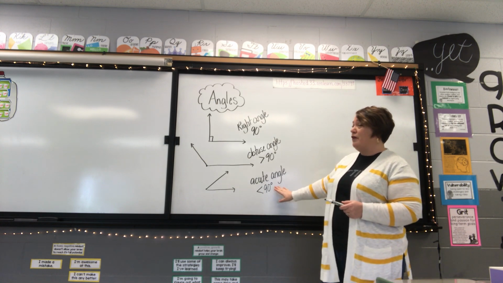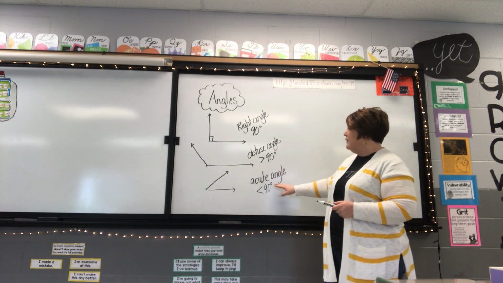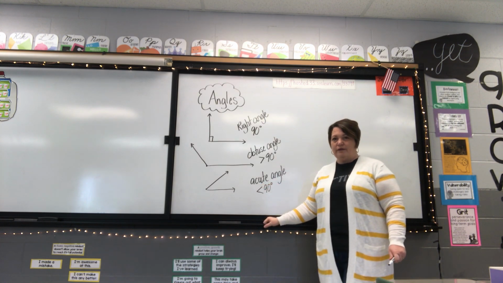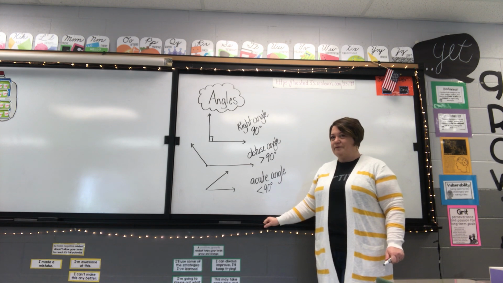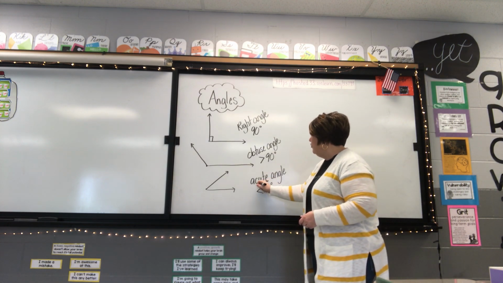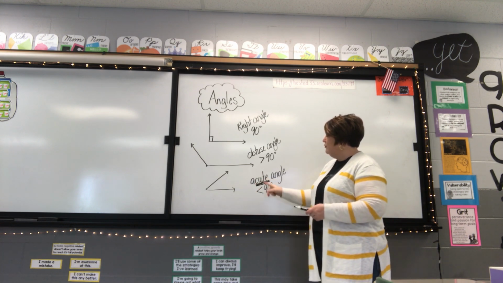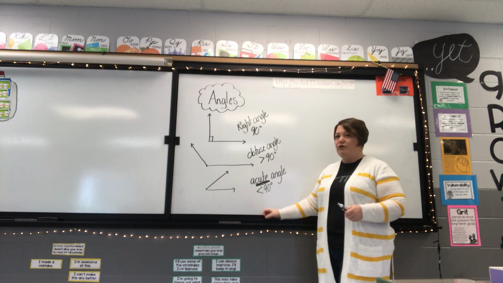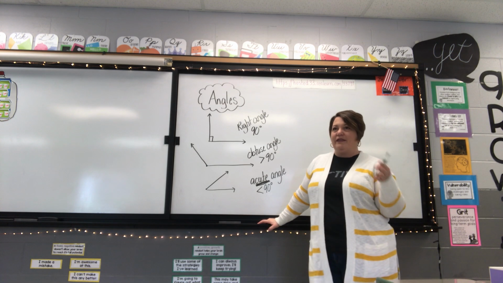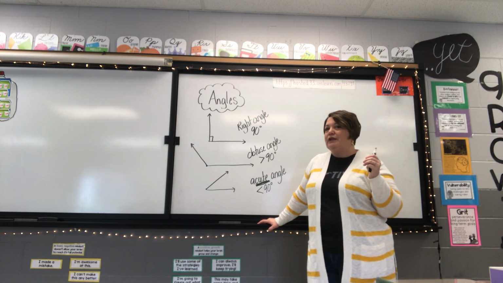Another good way to remember this is, what word do you see in acute? I hope everybody has guessed the word cute. Cute is found in acute. What are things that are cute? When I think of things that are cute, I think of little babies, little puppies.